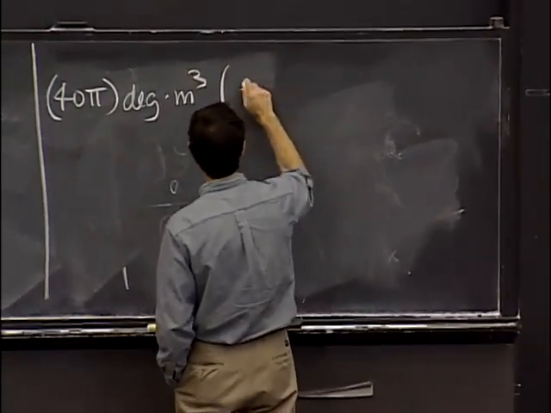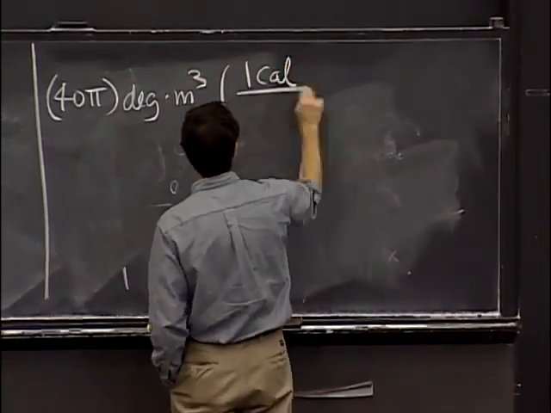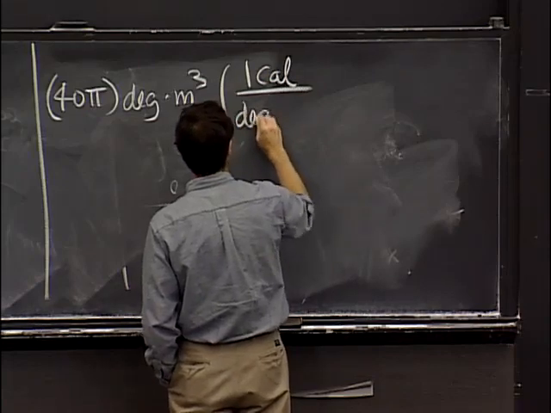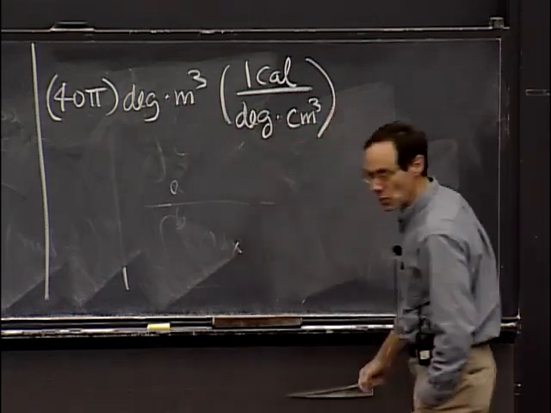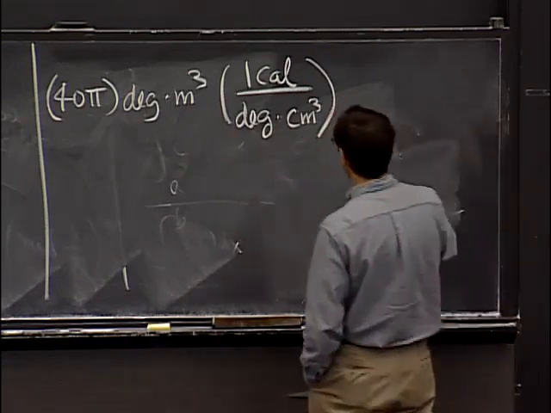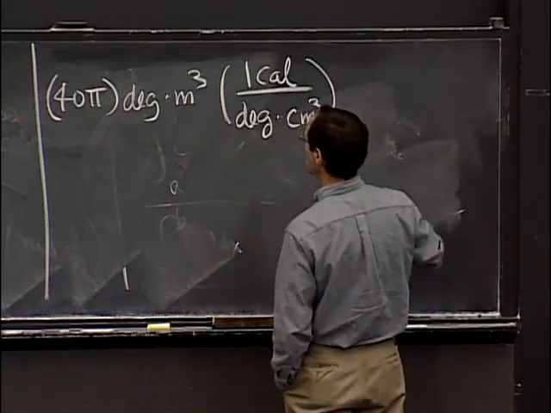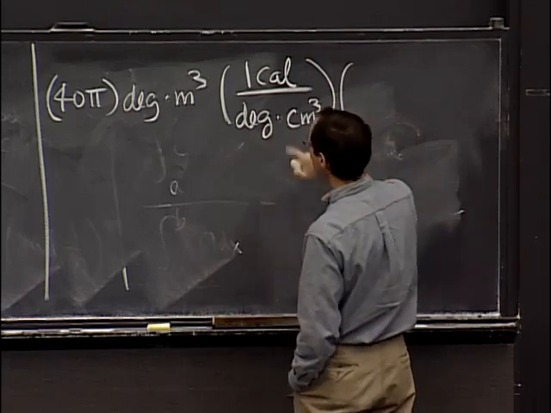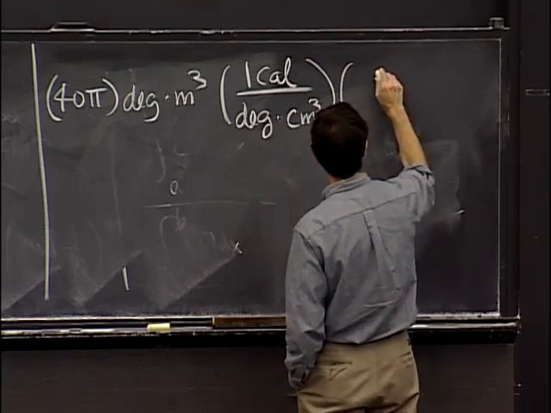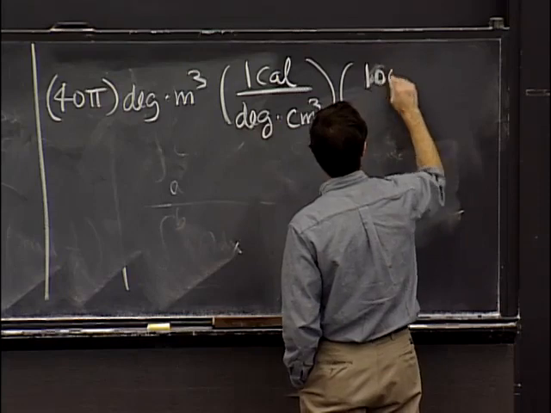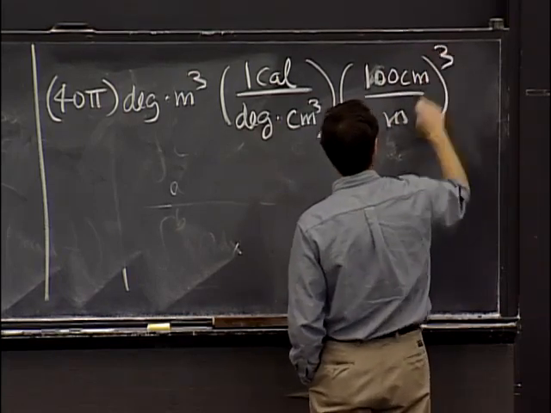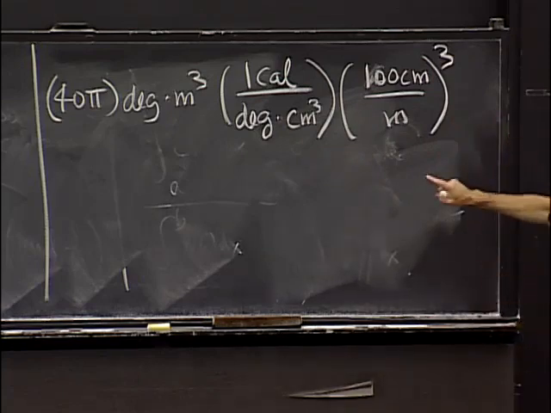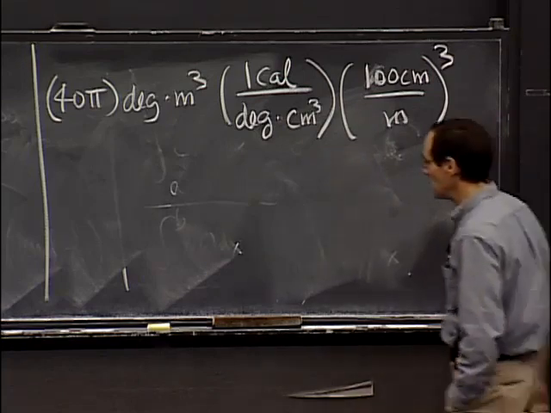First of all, there's 1 calorie per degree times a milliliter. That's one conversion. And then I'm going to have to translate from centimeters, so I have here 100 centimeters per meter cubed. So these are the two conversion factors that I need.